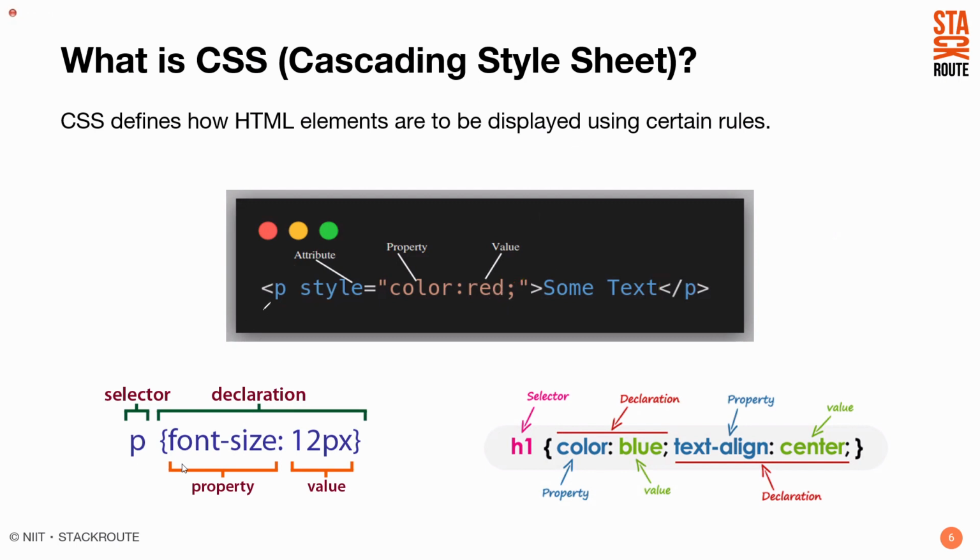The idea is I'll have a paragraph with some text, and this text's font color will be red. This way of applying a style is called inline style. In my HTML element itself, I'm going to use the style attribute and apply the style.